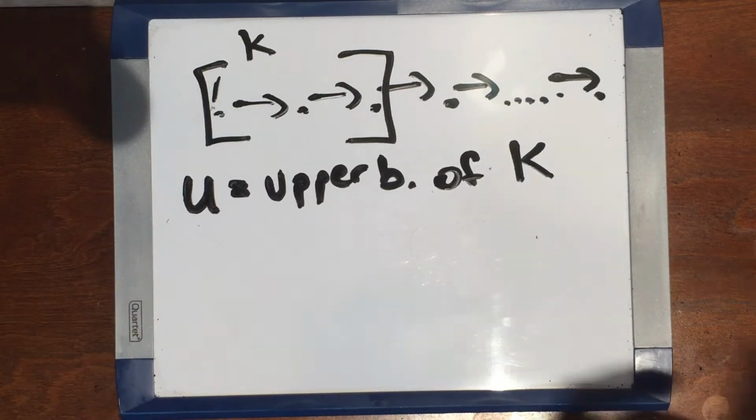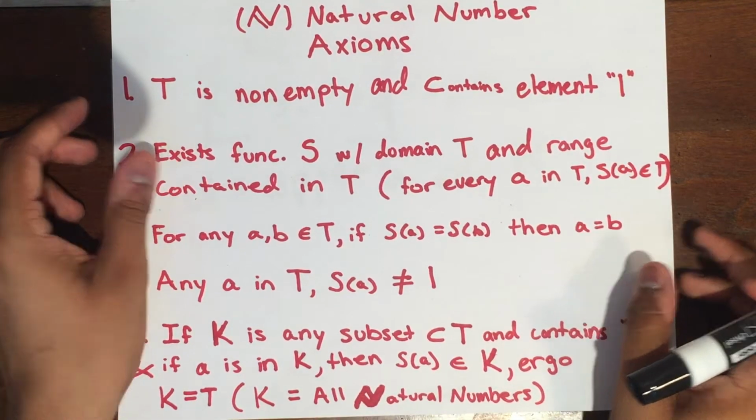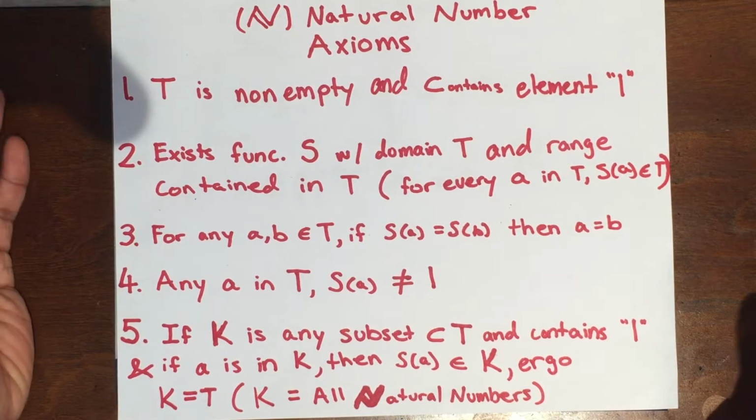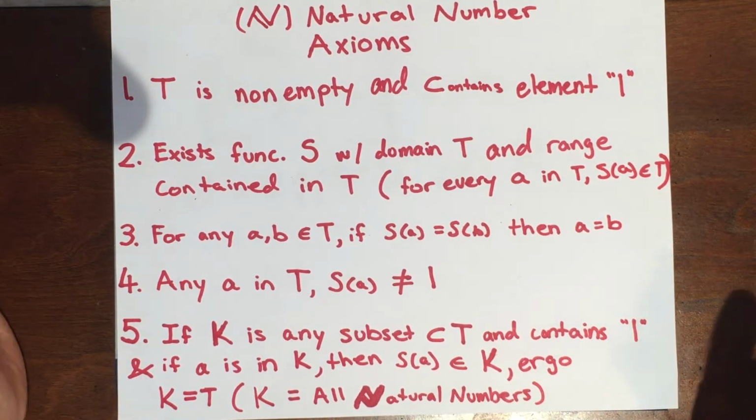If you remember, to recall, here are the 5 axioms of natural numbers. So our first axiom for natural numbers is that we have a set T, it's non-empty, and it contains an element, we'll call it 1.